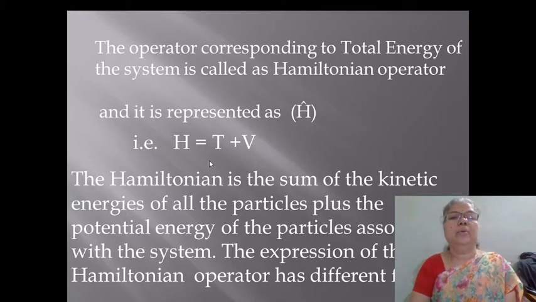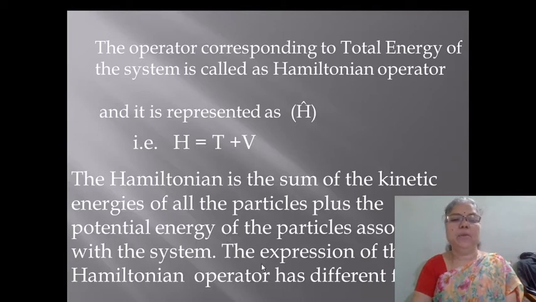Again, the total energy of the system is the sum of the kinetic energy and the potential energy of the system. The Hamiltonian is the sum of the kinetic energies of all the particles plus the potential energy of the particles associated with the system.